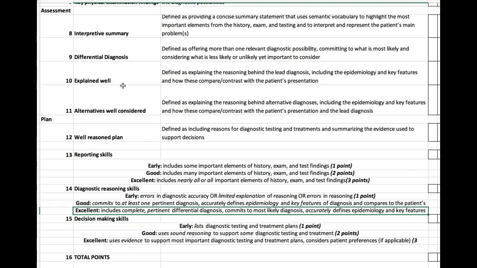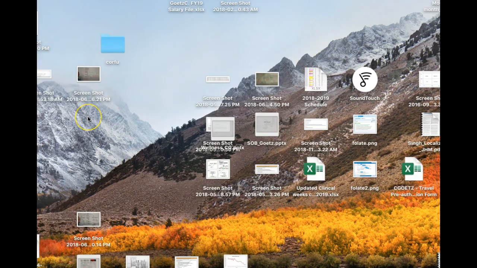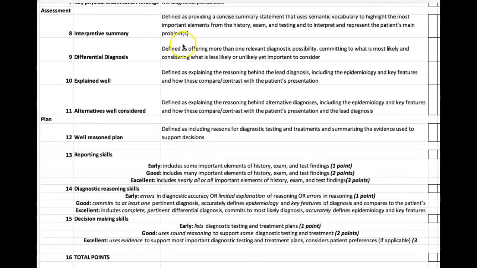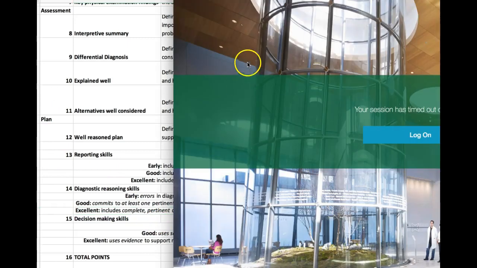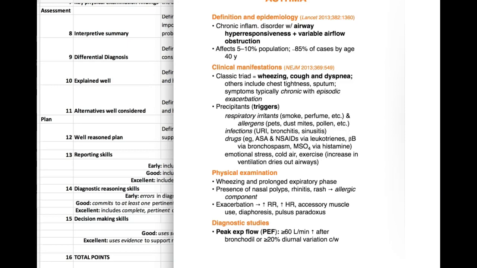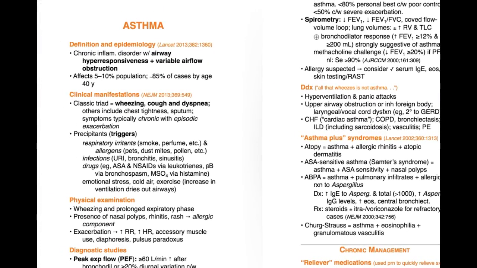You haven't gone to all of the morning reports and noon conferences that your house staff and residents have. What I encourage is that you start by going to the standard texts that you're using every day. So I'm sure many of you are using Pocket Medicine, the Washington Manual, UpToDate, these kinds of things.